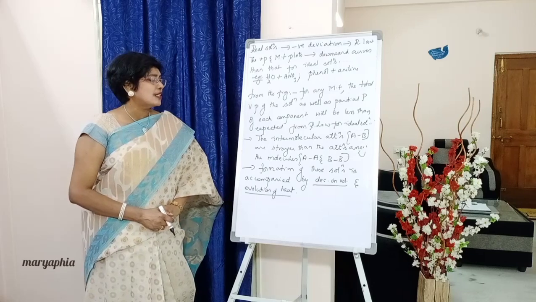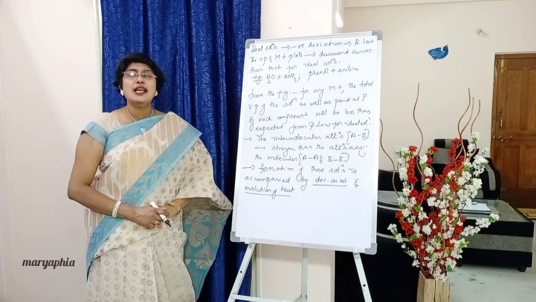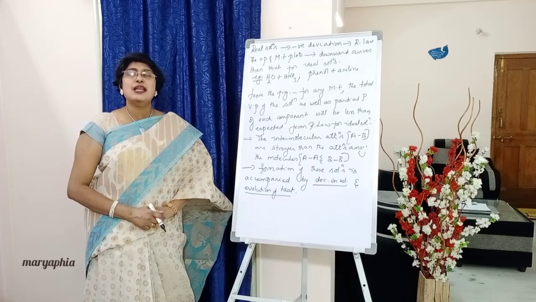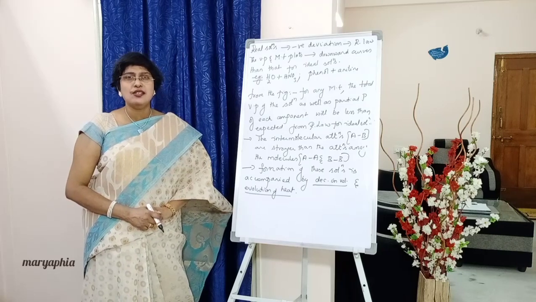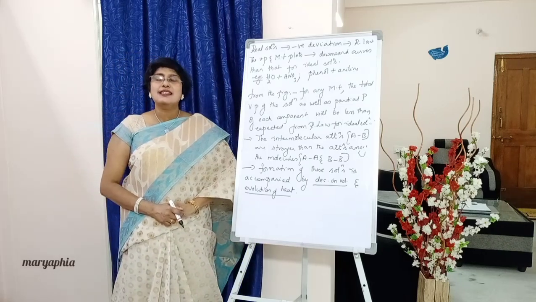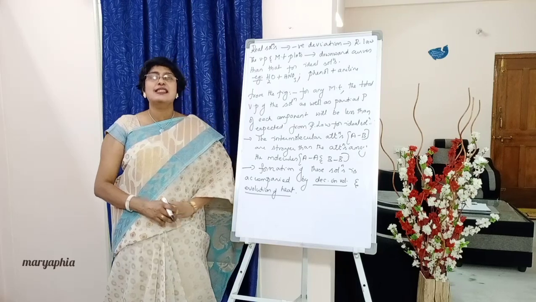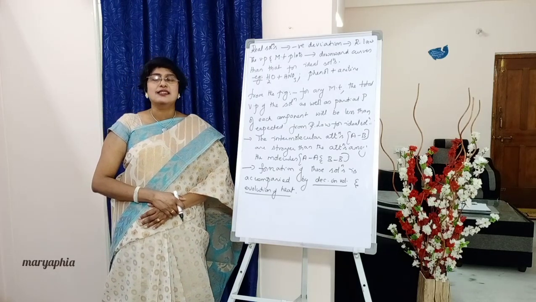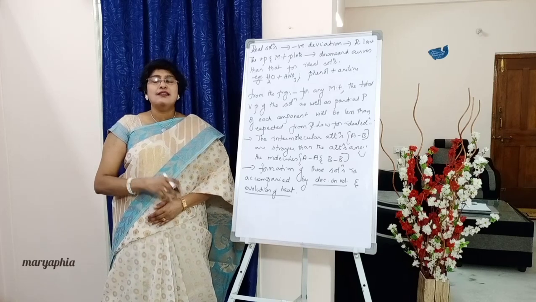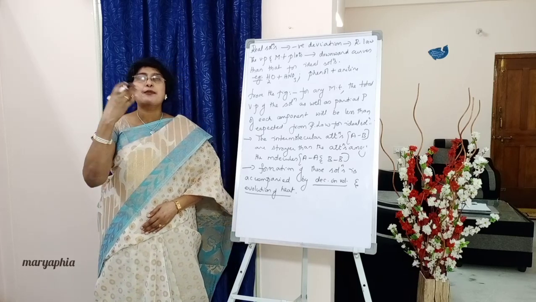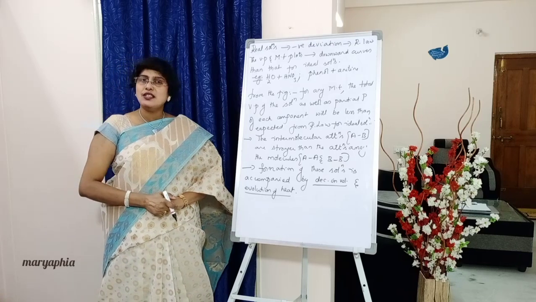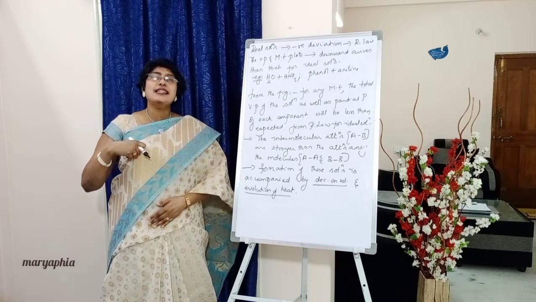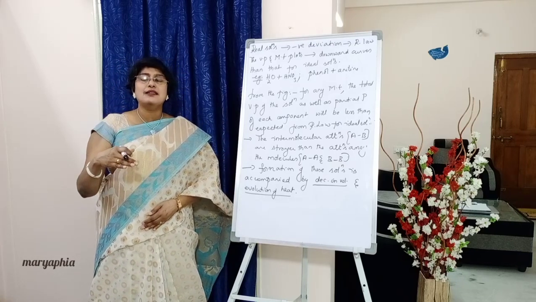Okay, so this is all about non-ideal solutions. First we have learned about the ideal solution, Raoult's law, characteristics of ideal solutions. Exactly opposite characteristics will be for non-ideal solutions. Next, depending upon the curve, whether it is upward or downward, the non-ideal solutions are classified into 3 types: type 1, type 2 and type 3.